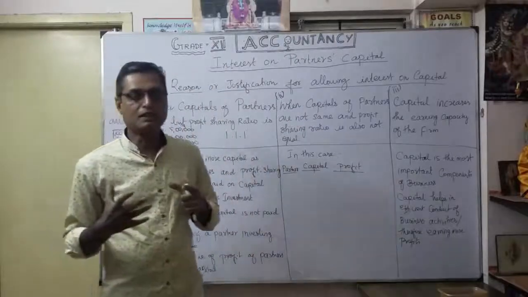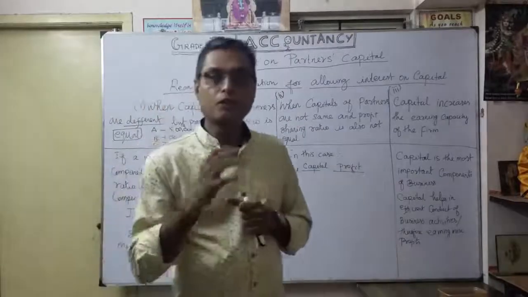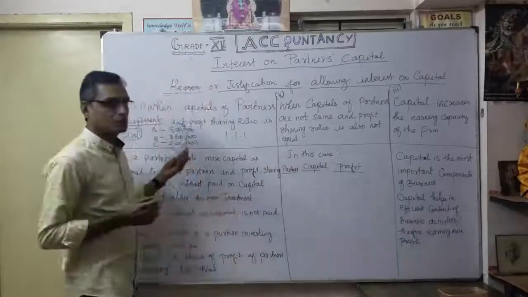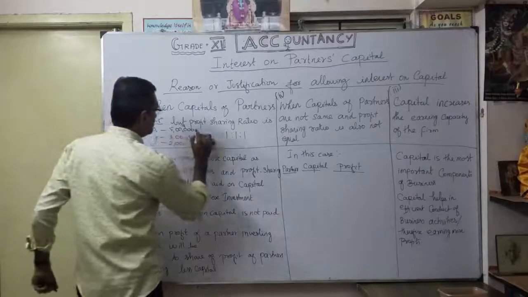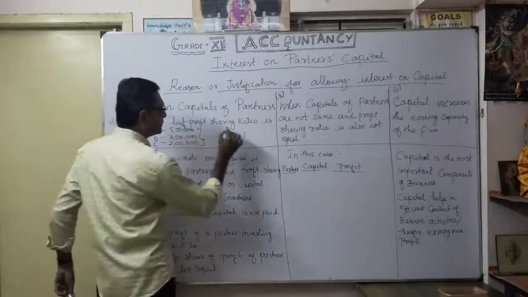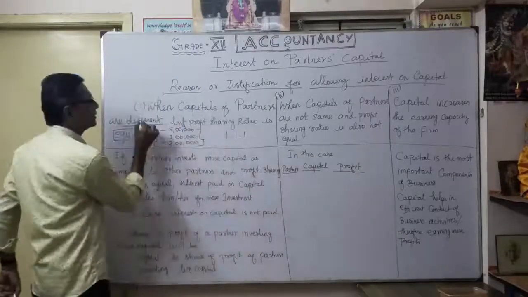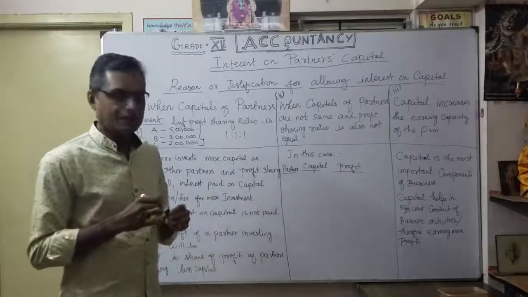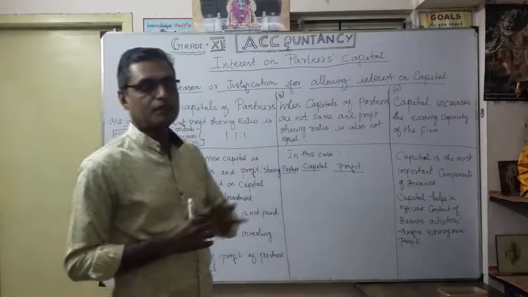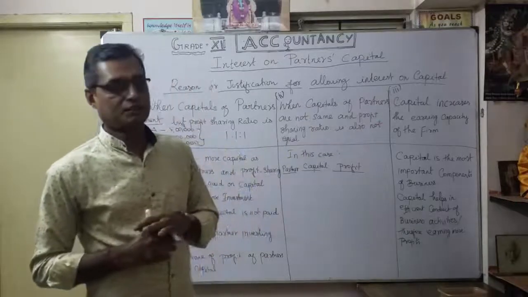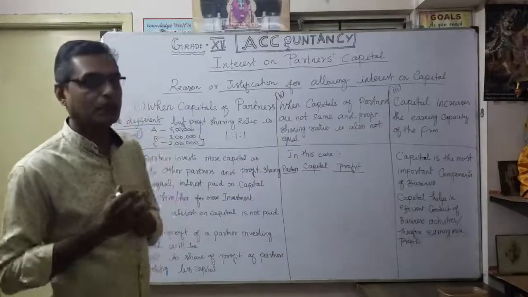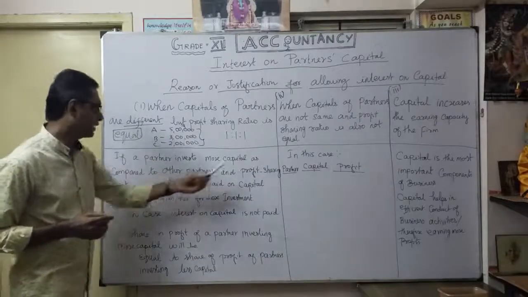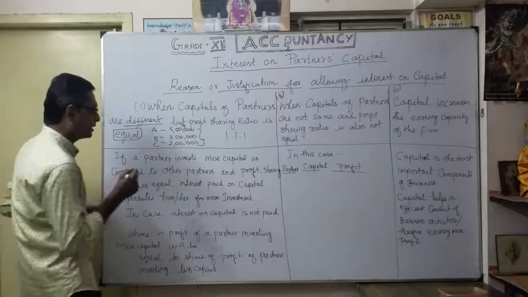So for that, allowing interest on capital is encouraging in this situation. It depends upon the capital contribution. Even though the profit sharing ratio is equal, the capital contribution is different. So in this situation, interest on capital will compensate the partners and encourage them to make more investment, if a partner invests more capital as compared to other partners.